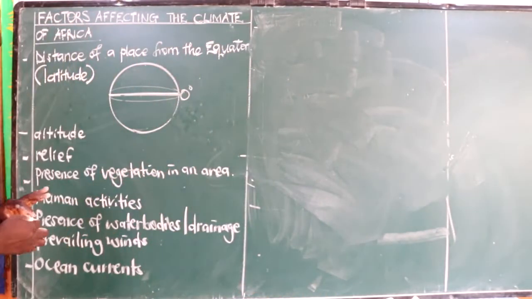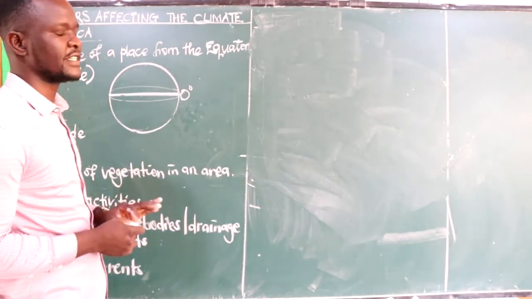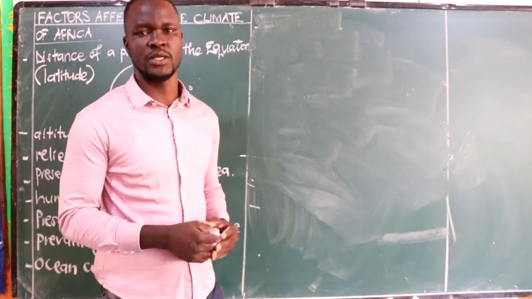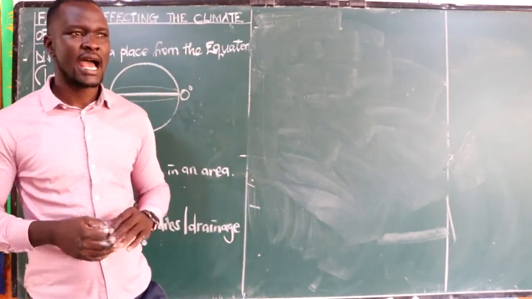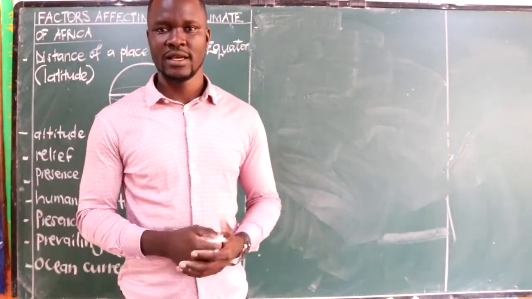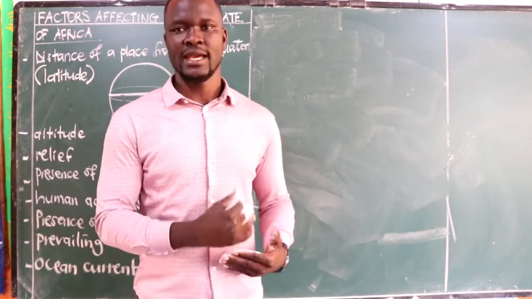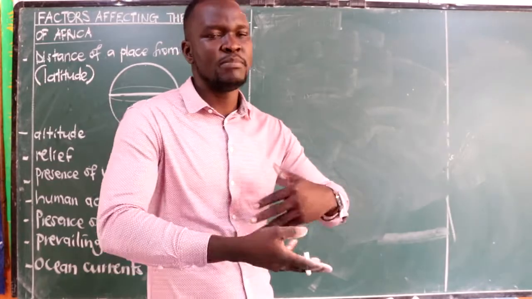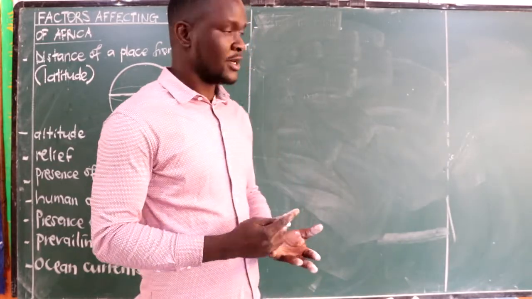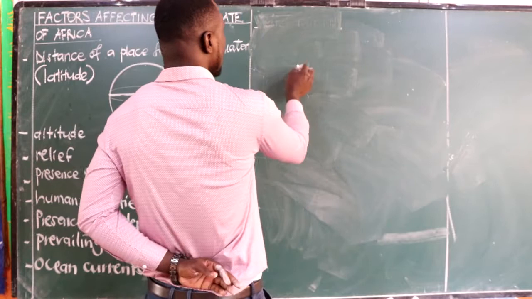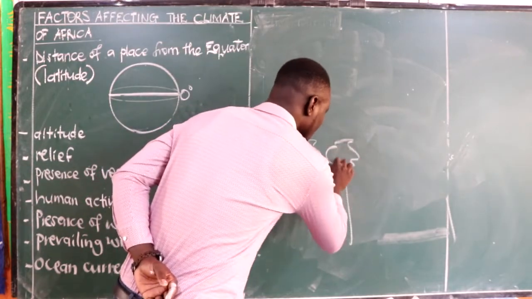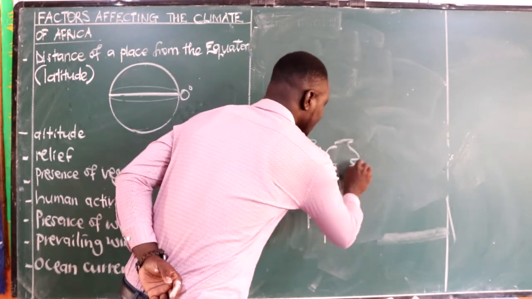Next, let's look at the presence of vegetation in an area. Sometimes they can ask us, how does a forest help to modify the climate of an area? To modify means to make it better. You get it? When we are looking at vegetation, we are now taking these thick forests.